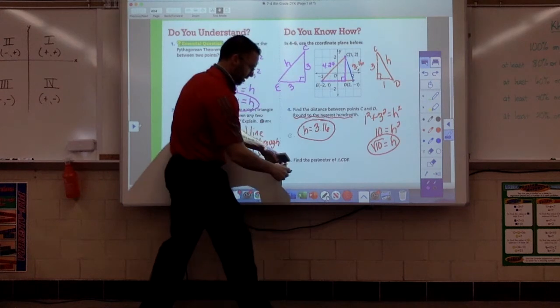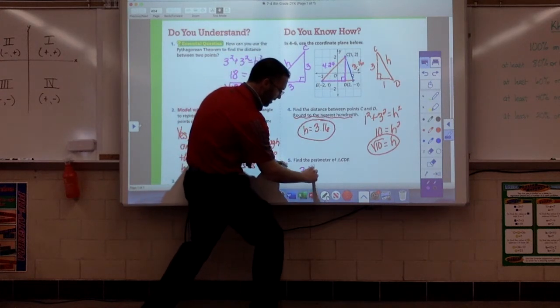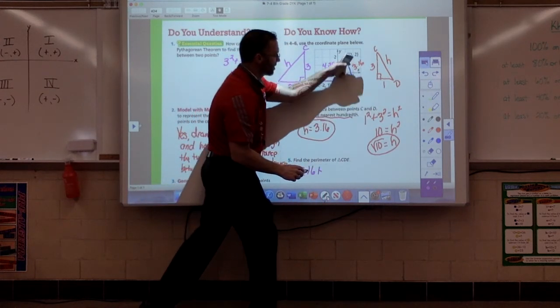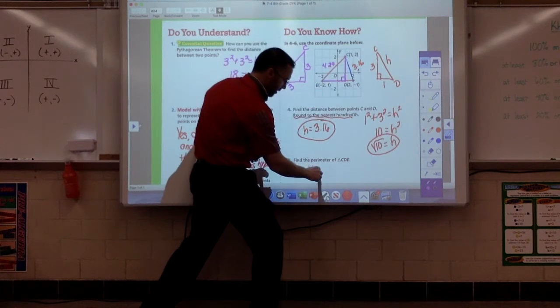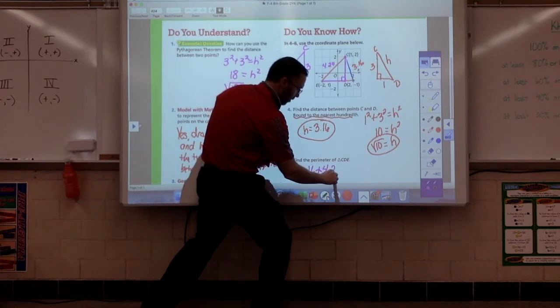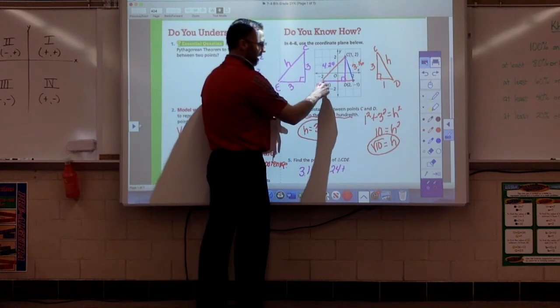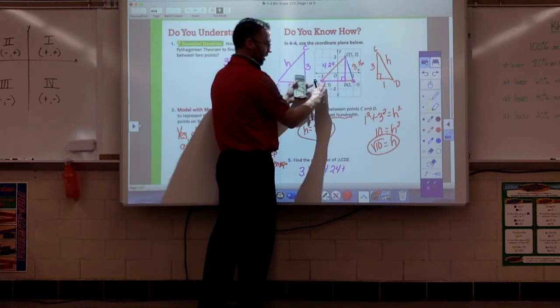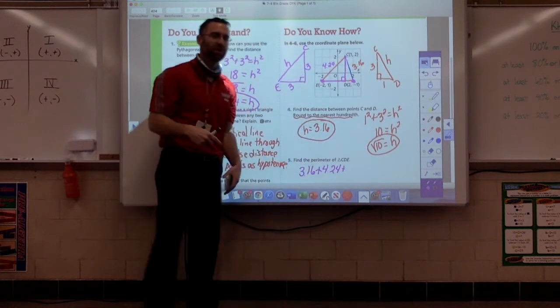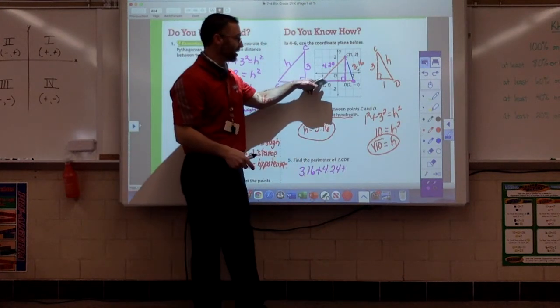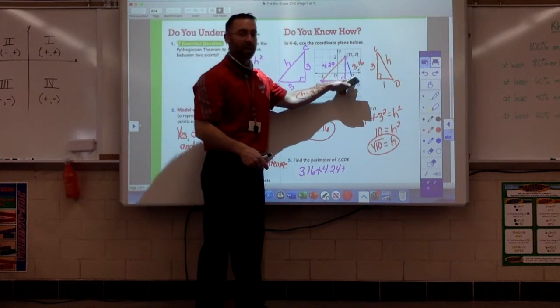So we know our triangle, 3.16. That's the length of this side. This side comes out to be 4.24. Now we just need the length of this bottom side. How far is it from there to there? It's a -2 to a +2. Or just count the grid blocks. 1, 2, 3, 4.